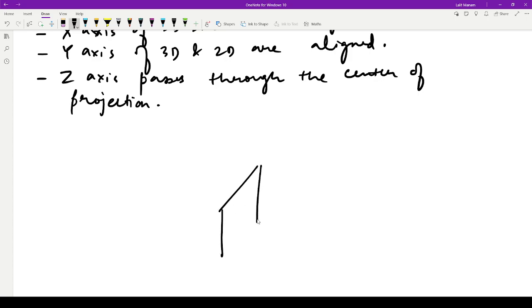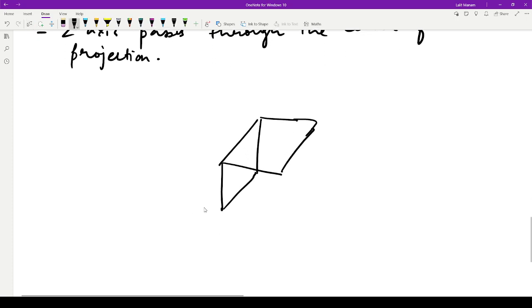So we have a box-like thing, and that box is our camera.